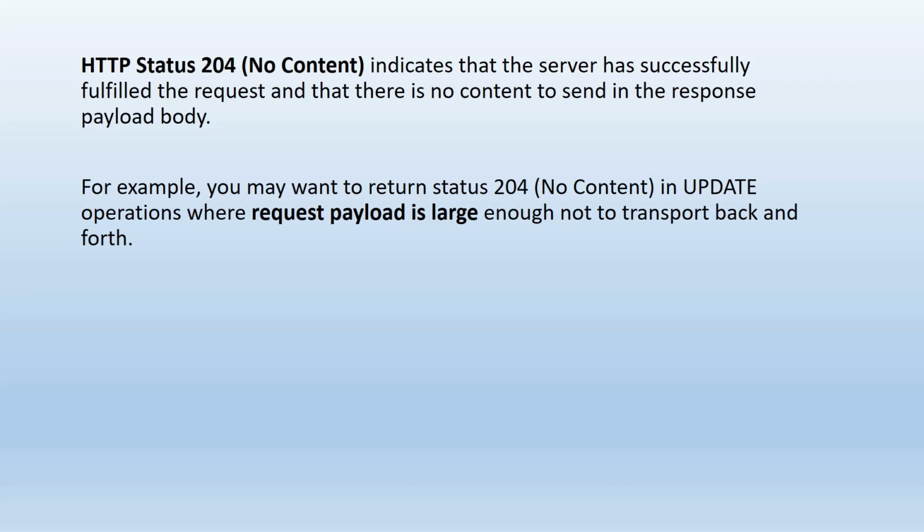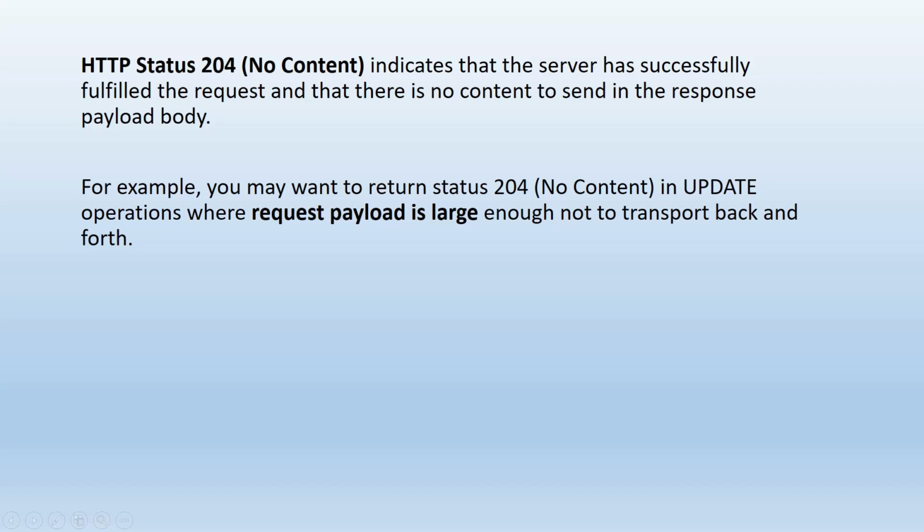That is the important point. That means the server received a request and has completed it, but there is nothing to return from the server. But in the case of 200, the server should return something in the response body.